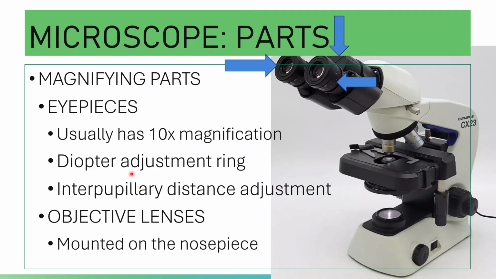So again, going back to the resolution, as I said earlier, your resolution improves when the wavelength is shorter, or when the wavelength decreases, and when the numerical aperture increases.